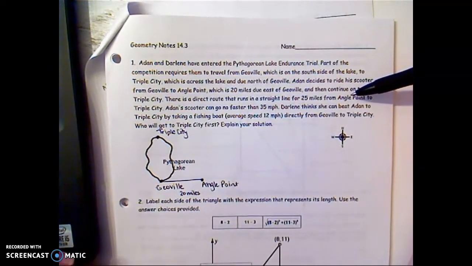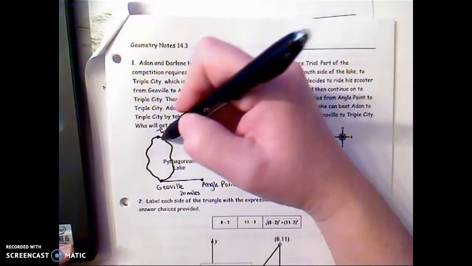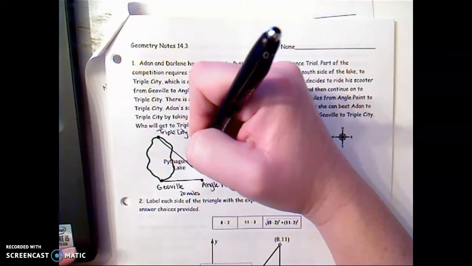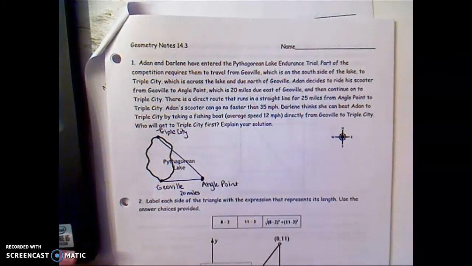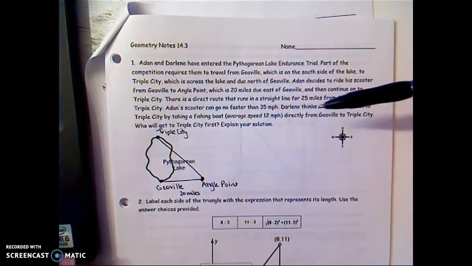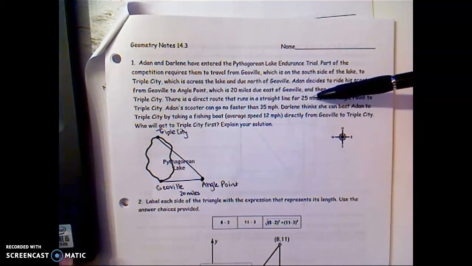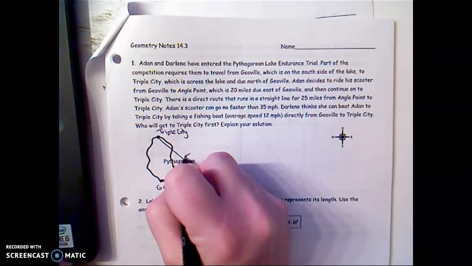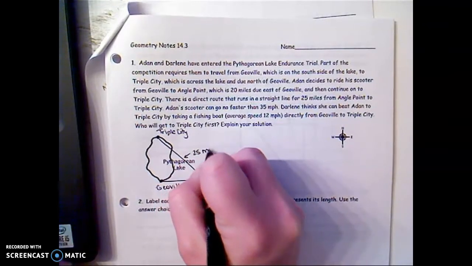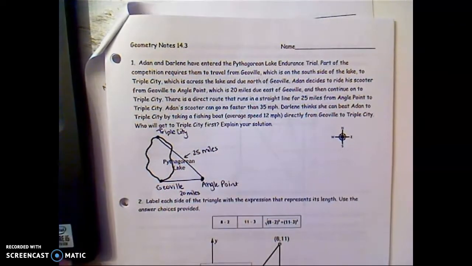And then he's going to continue on to Triple City. So I'm going to connect that distance to Angle Point. It says there's a direct route that runs in a straight line for 25 miles from Angle Point to Triple City. So we're going to label this distance as 25 miles.